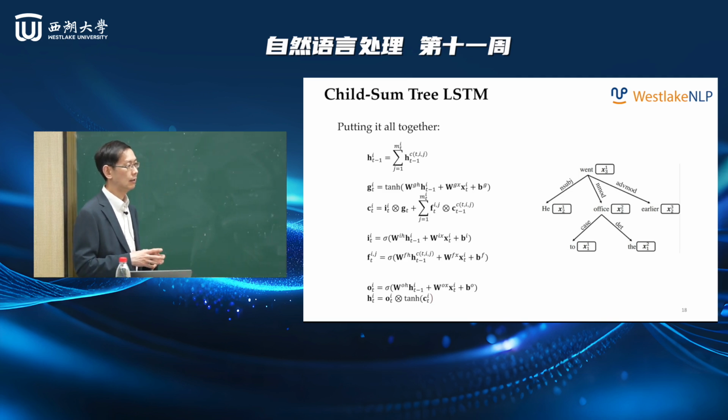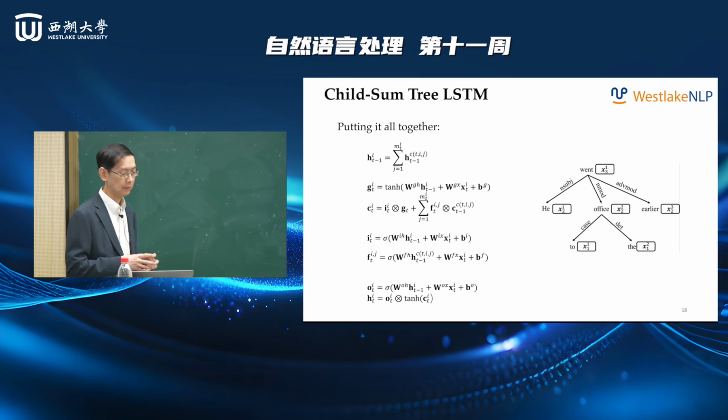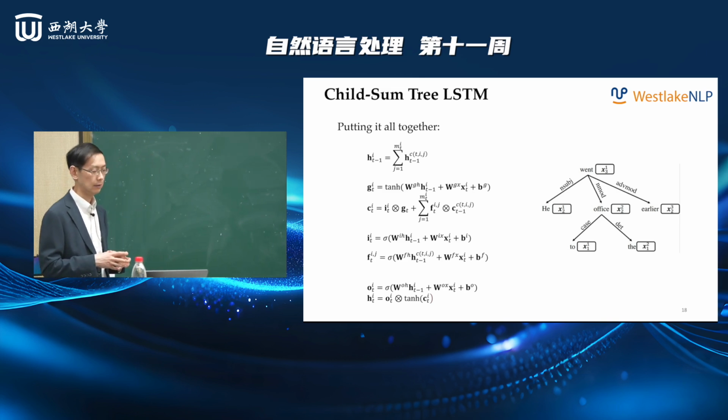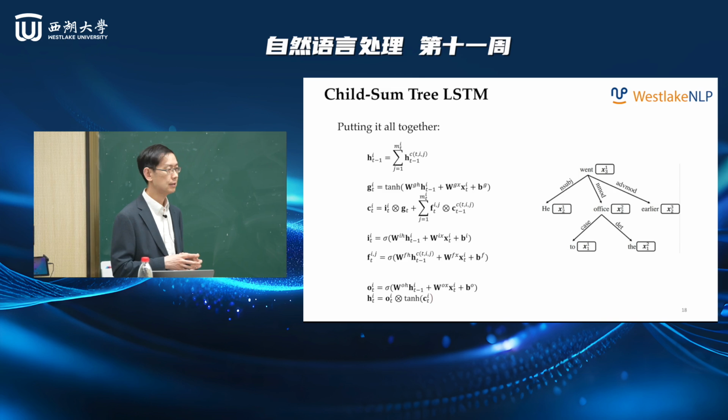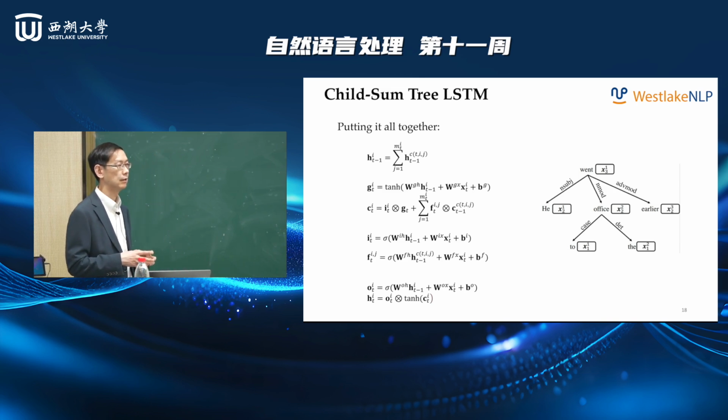Having these gates, I have the recurrent cell in the third equation. After having the cell, I compute the output gate and the hidden state using the cell. So this is the child-sum LSTM.